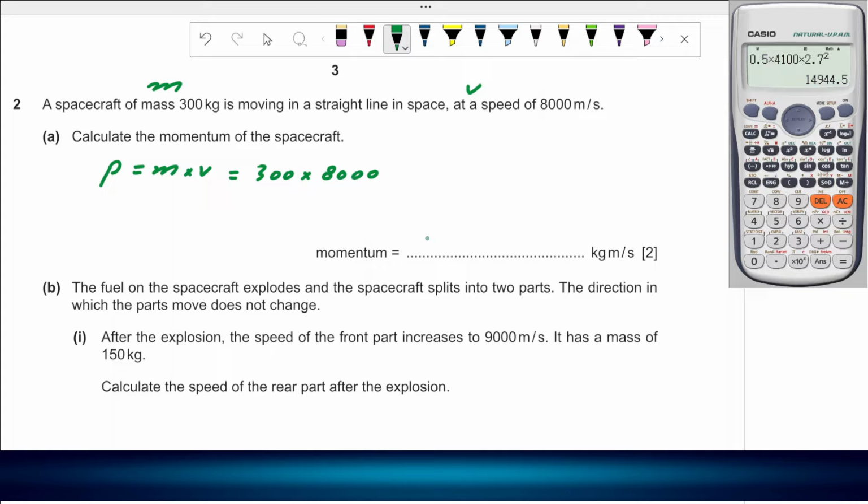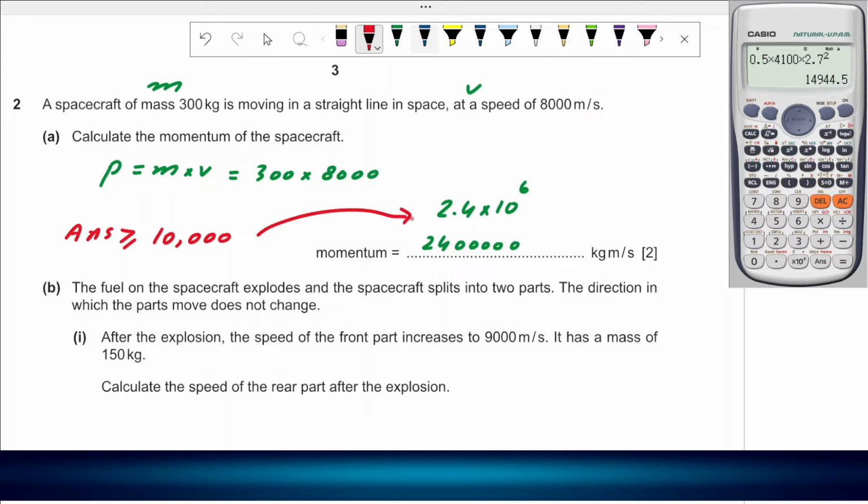So 8 threes are 24 followed by 5 zeros. Matter of fact, you can also write it this way: 2.4 times 10 raised to the power 6. Kilogram meter per second is the unit. So usually the trend is all the answers which are greater than 10,000, we usually write it this way in the powers of 10.